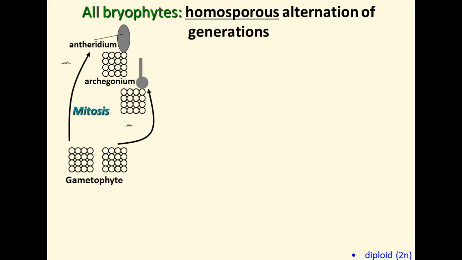So which one, because we talked about this last time, which one produces sperm? The archegonium or the antheridium? Antheridium, right? So by default, which one produces the egg? Yeah, the archegonium. And then those produce sperm and egg through mitosis.